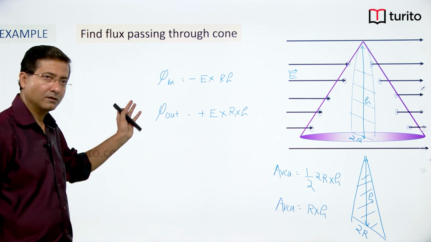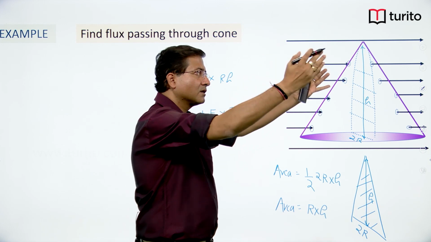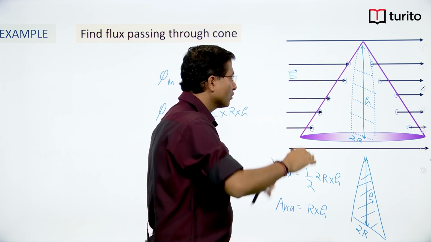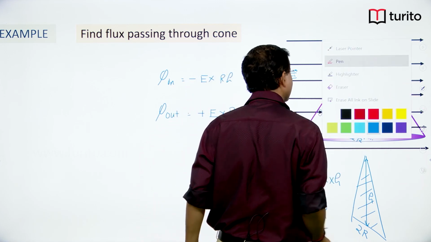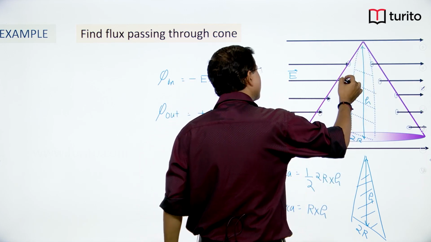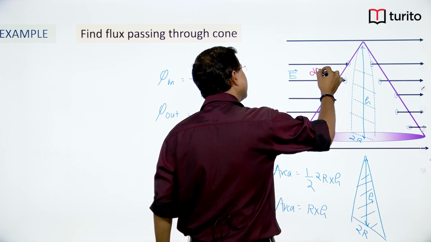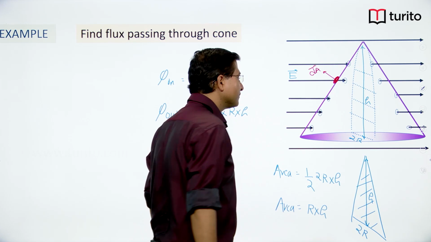Same logic. Through this lateral surface, lines are entering. So if I take area over this side of the surface, you can see that the area vector is making greater than 180.